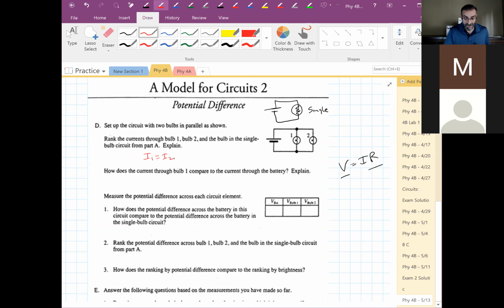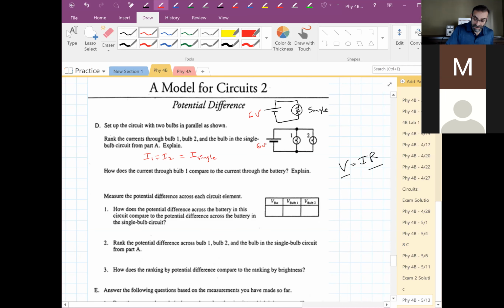And how does that compare to I single? Equal. Okay. Because what is the voltage here? This is 6 volts.